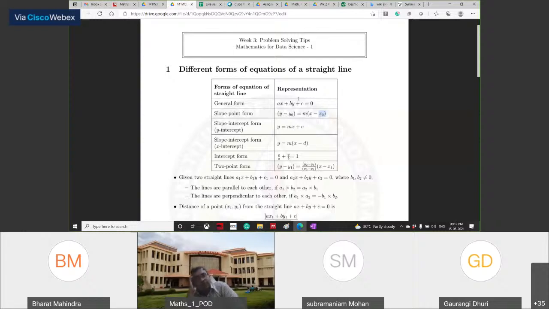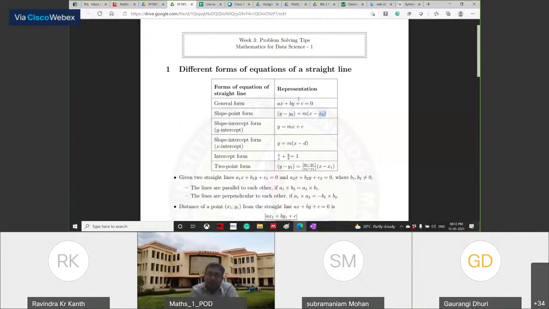There is also a slope intercept form. Slope intercept form teaches us that y equals to mx plus c, which we end up with mostly whenever we are making an algorithm, or extrapolating lines. There are other forms also.